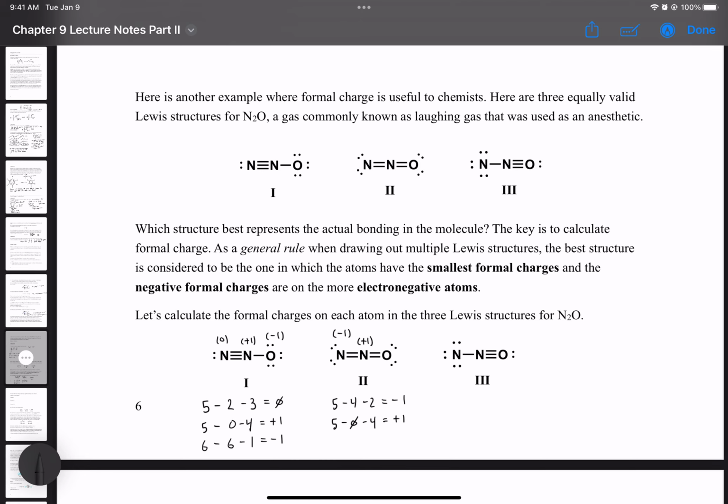And then oxygen here is 6 minus 4 electrons from non-bonding electrons, and then minus 2 for the number of bonds around oxygen. So that will give us 0. Like that. And now lastly for structure 3, we have the first nitrogen, 5 valence electrons minus 6 from non-bonding electrons, and then minus 1 for the number of bonds. So this will give us -2.